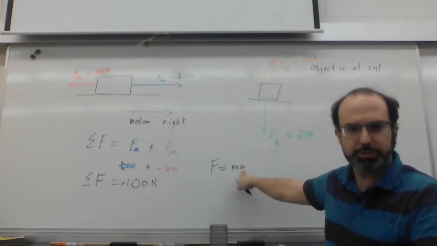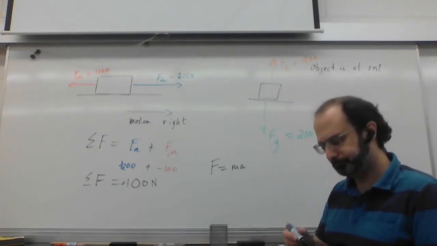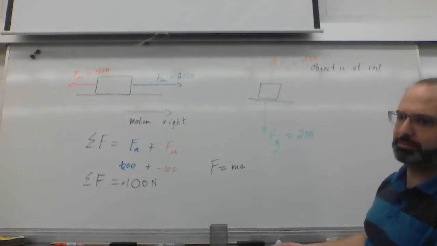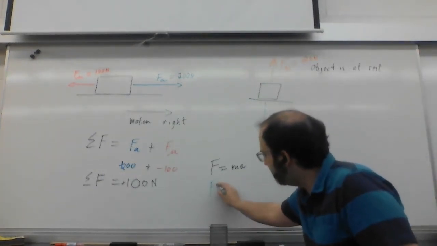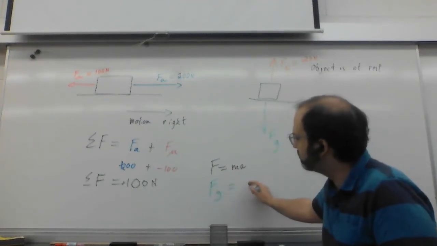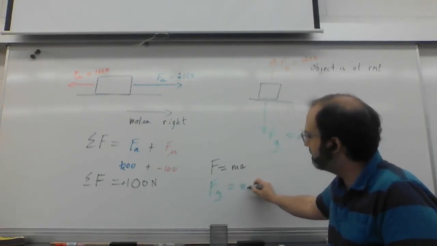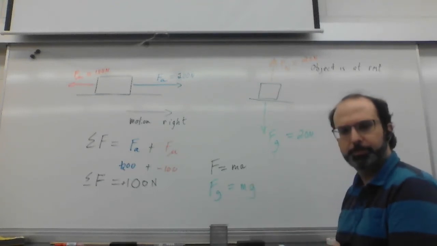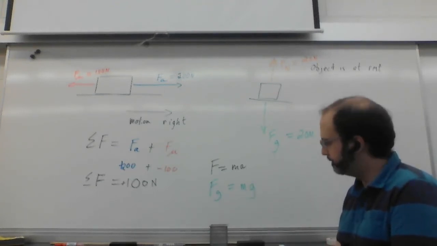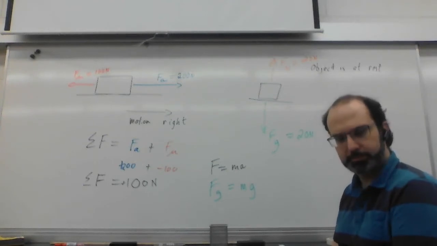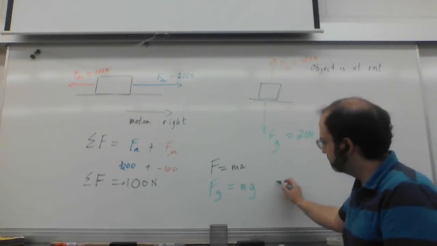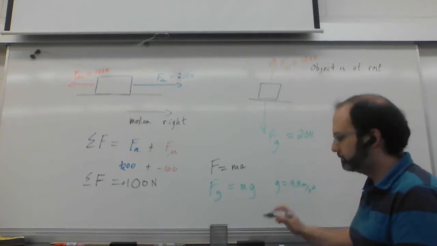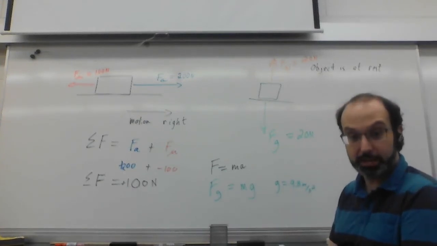That a is acceleration. So what happens if I wanted to rewrite Newton's second law to talk about gravity? Then I would get Fg equals, well, mg. What's g? Why? g's 9.8. There's where the 9.8 comes in.